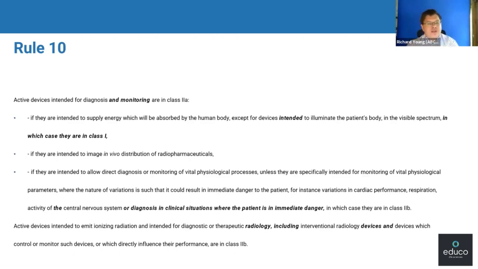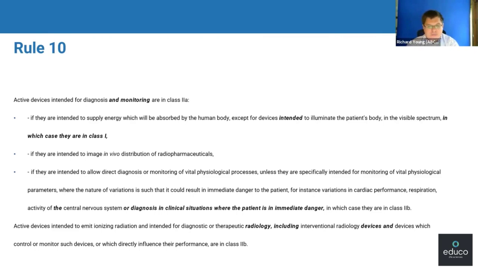Rule 10 comes in here, and I notice I've highlighted "monitoring" in this first saying here. Active devices intended to diagnose and monitor are class 2A. If they're intended to supply energy, they're class 1, like a light is a class 1 device, something like a surgical gantry light that's being used in surgery.